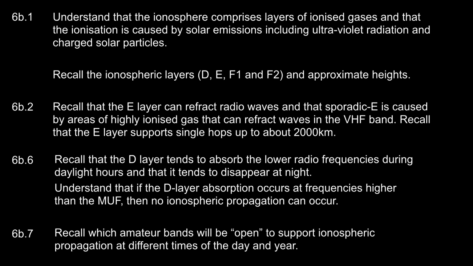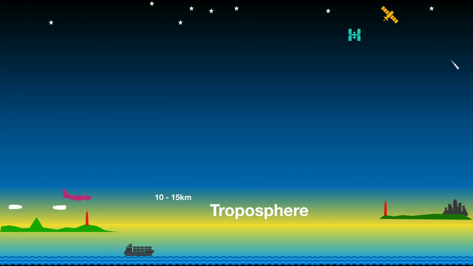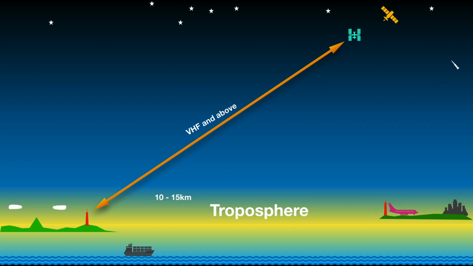So let's start off by getting an orientation of the Earth's atmosphere. The layer that we live in and spend most of our lives in, if not all of our lives, is the troposphere. That's the layer where the terrestrial weather takes place and in which aeroplanes fly.